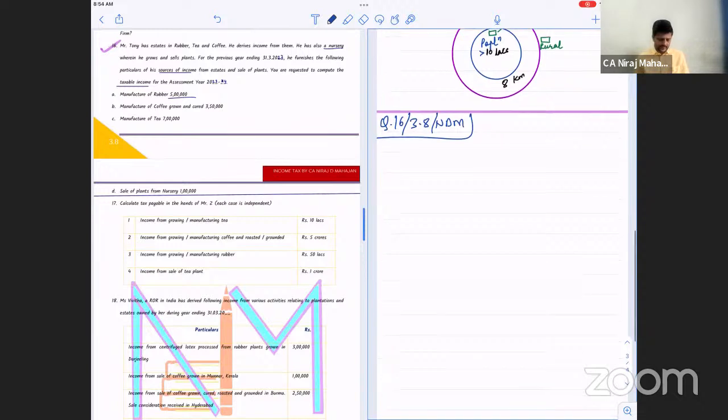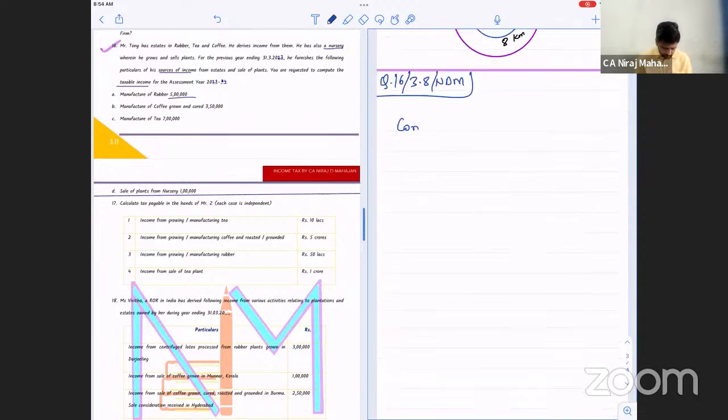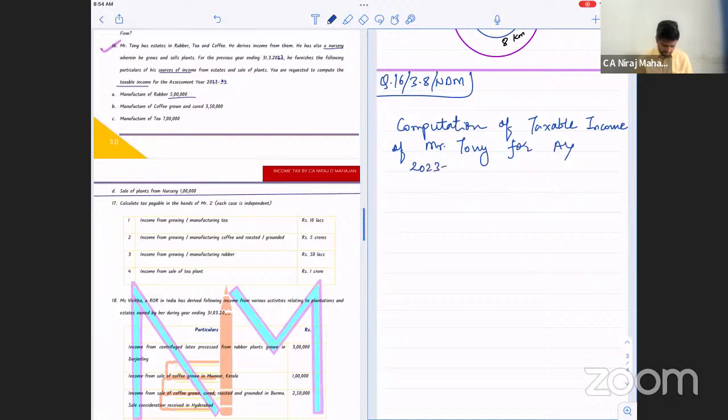We are computing taxable income, so computation of taxable income of Mr. Tony for AY 23-24.